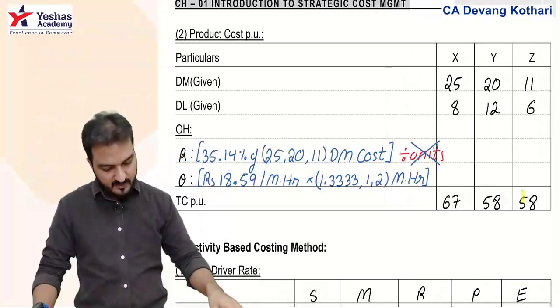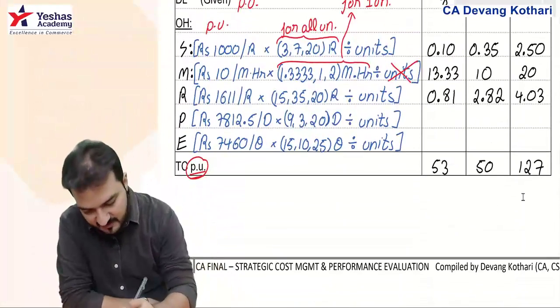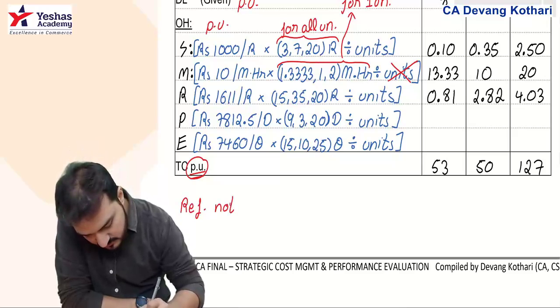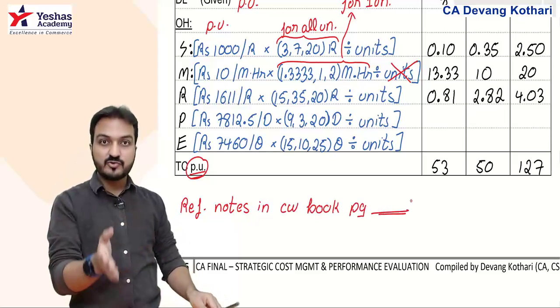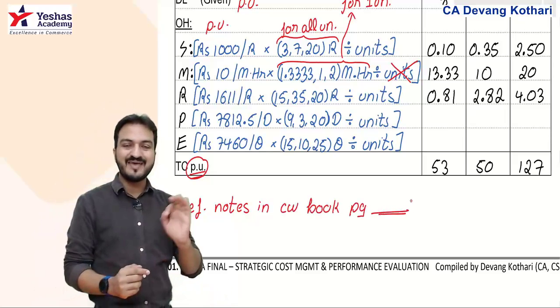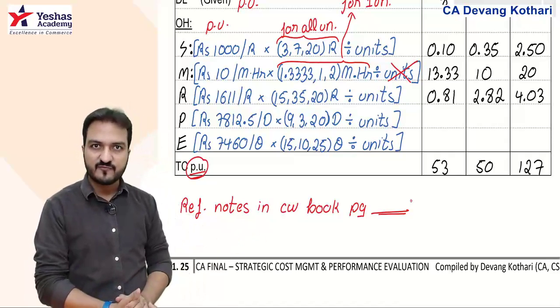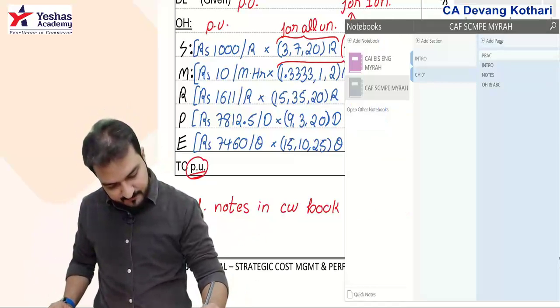Okay, so at the end of this question and now at the end of the page, just write down some reference that now refer notes in classwork book, page number so and so. I told you that in your classwork book you need to keep making page numbers. So in your classwork book, now whatever you write, give that page number reference over here. Done? Yes. Okay.